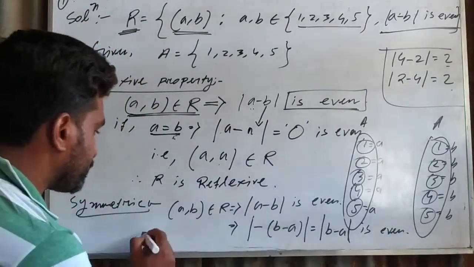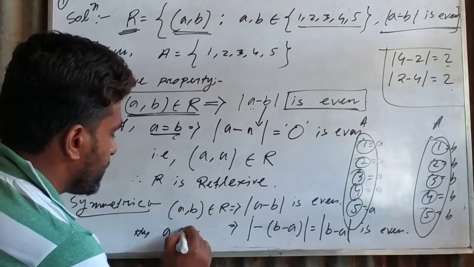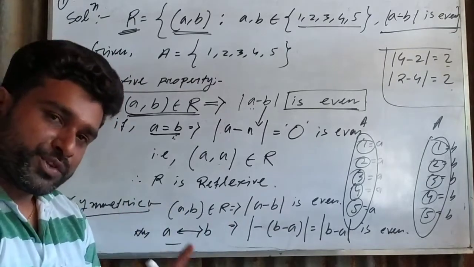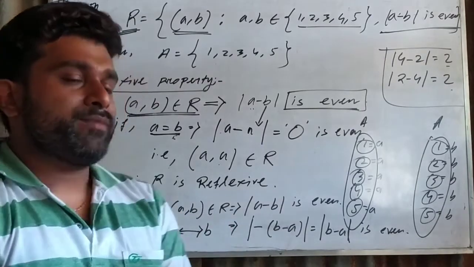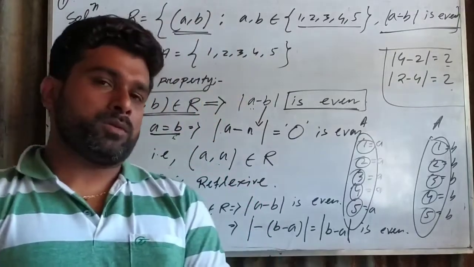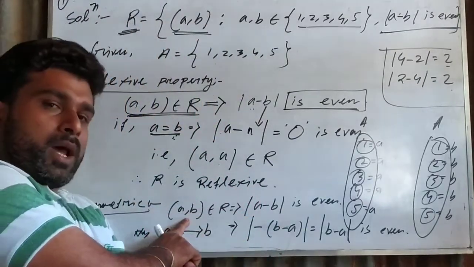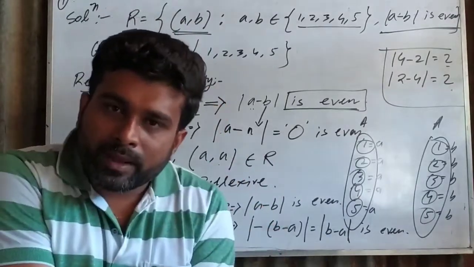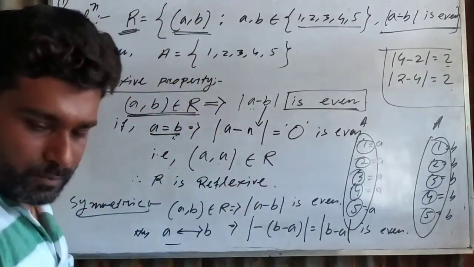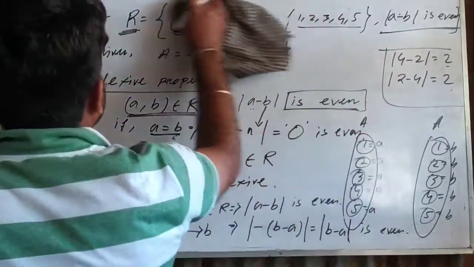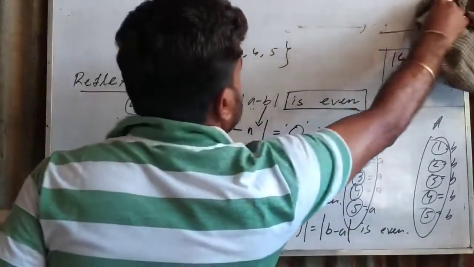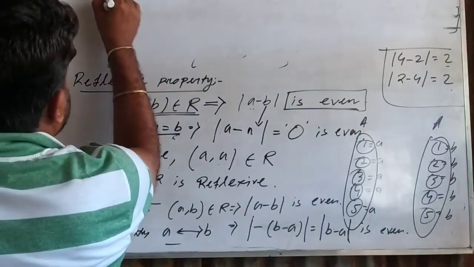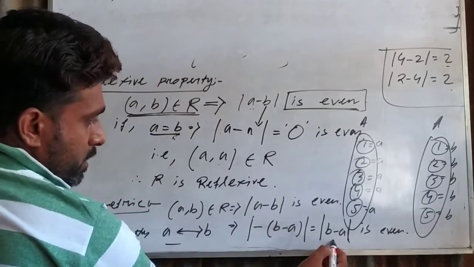If the condition is satisfied, we can interchange a with b, that means we can interchange their positions also. So if you have the ordered pair (a, b) belongs to R, after interchanging their positions the ordered pair becomes (b, a). So this b minus a is even.